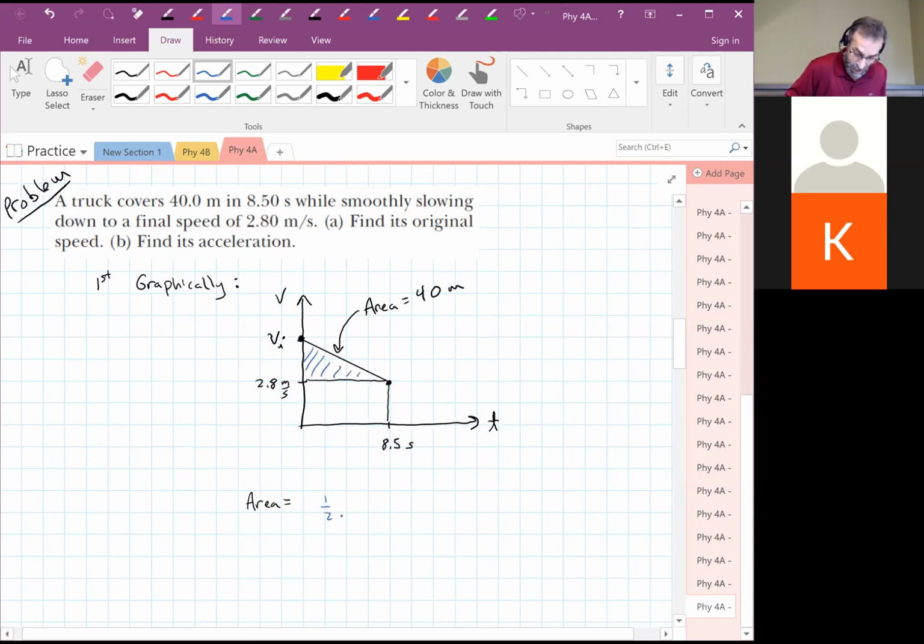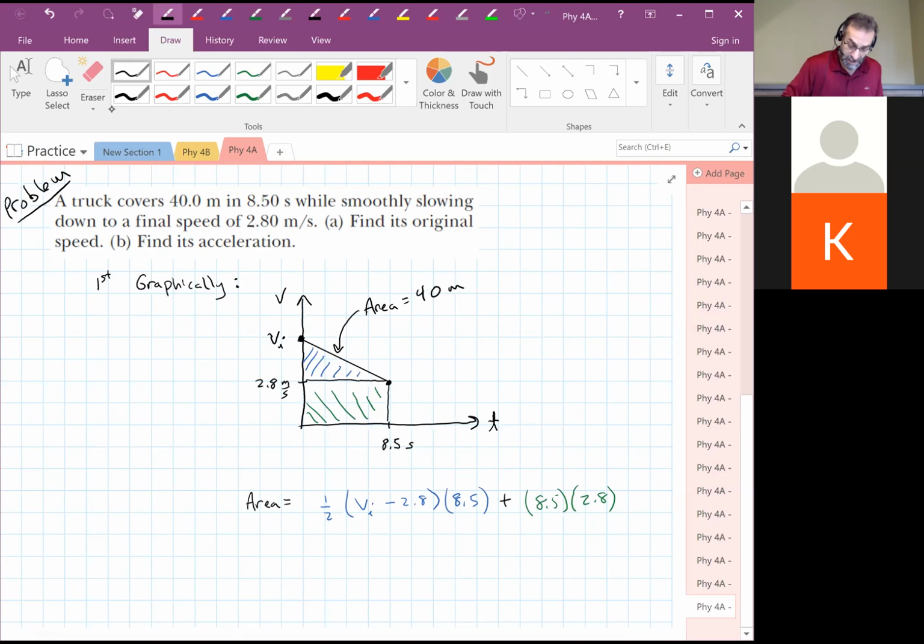is 1/2 times the height of that triangle, v initial minus 2.8, times the base, which is 8.5. And then I'm going to add to that the area of the part underneath. And that's just a rectangle, 8.5 times 2.8. And I say this has to equal 40 meters.